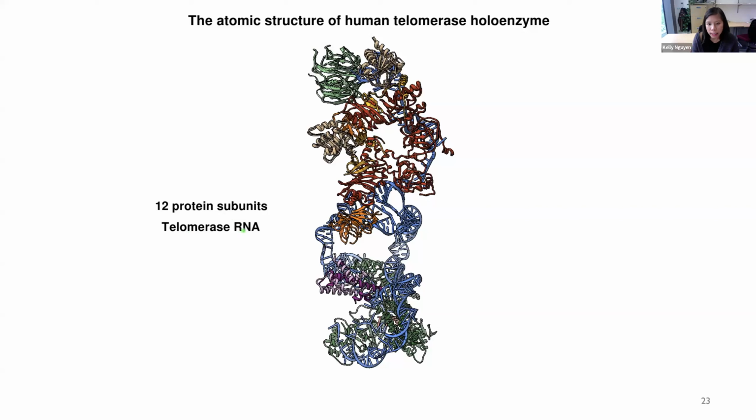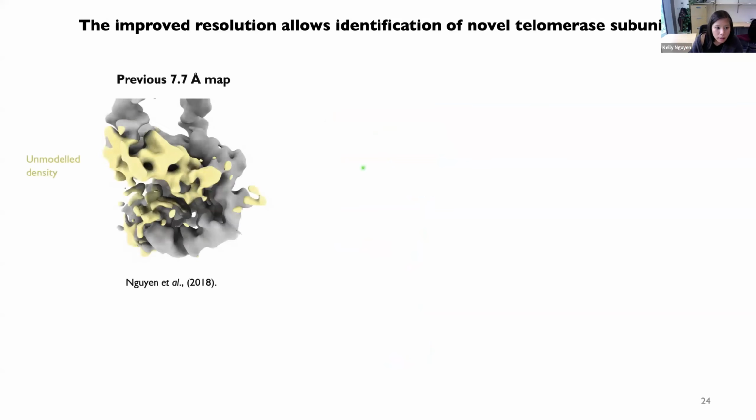So there's a lot of details one can gain from this, but what I would like to highlight is one of the discoveries we made by the structure, which was not predicted by any previous genetic or biochemical work, and that is the identification of the histone subunits here. Previously in the 8 angstrom map, we had this density that was unmodeled, and it was always there, and we couldn't tell what it is.